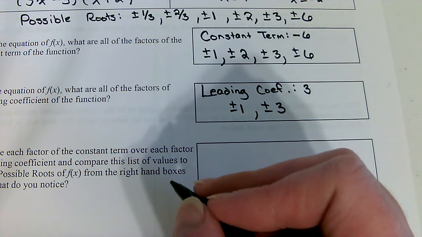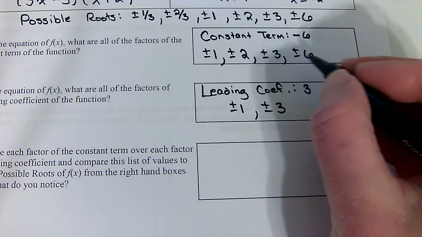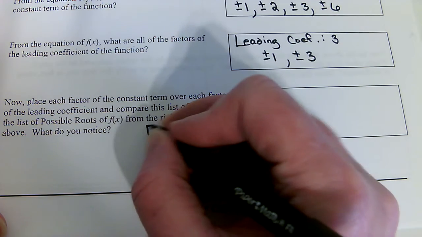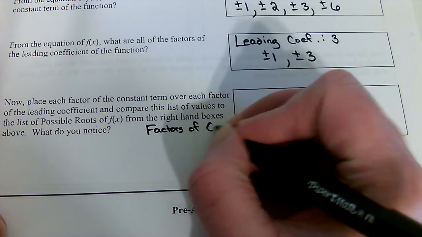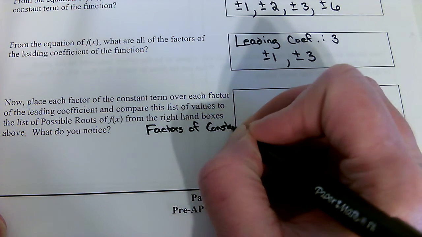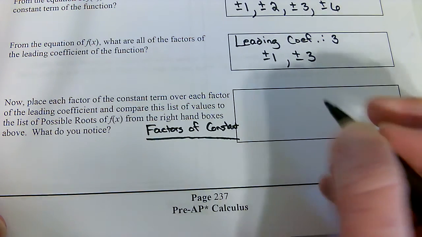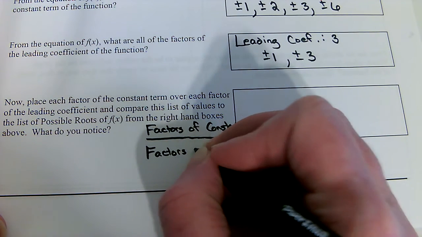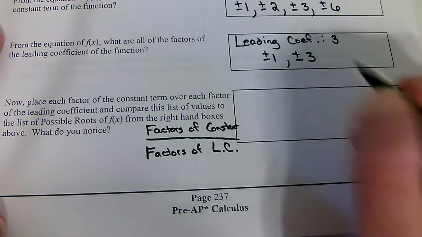What I want you to see is what would happen if I took each of these and divided by each of these. So in other words, taking the factors of the constant divided by the factors of the leading coefficient. I'm going to abbreviate that LC.